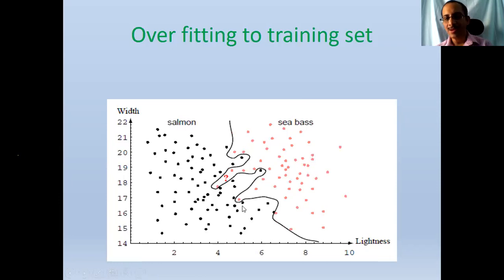Do you think this is a reasonably good decision boundary? No, sir. Overfitting is there. So overfitting means this is good only for this training data. But for any classifier, any method, we will be emphasizing that it will be applied in different scenarios, and generality is of great importance.